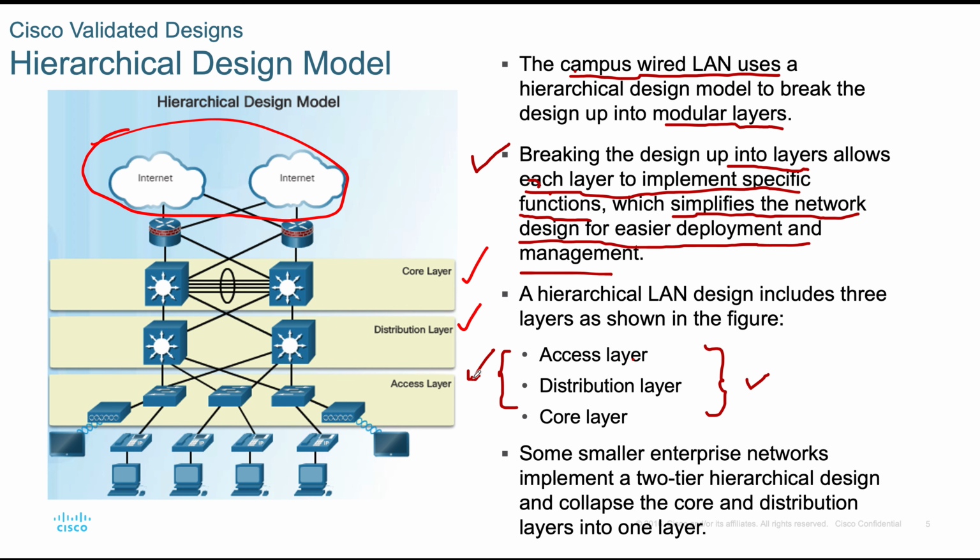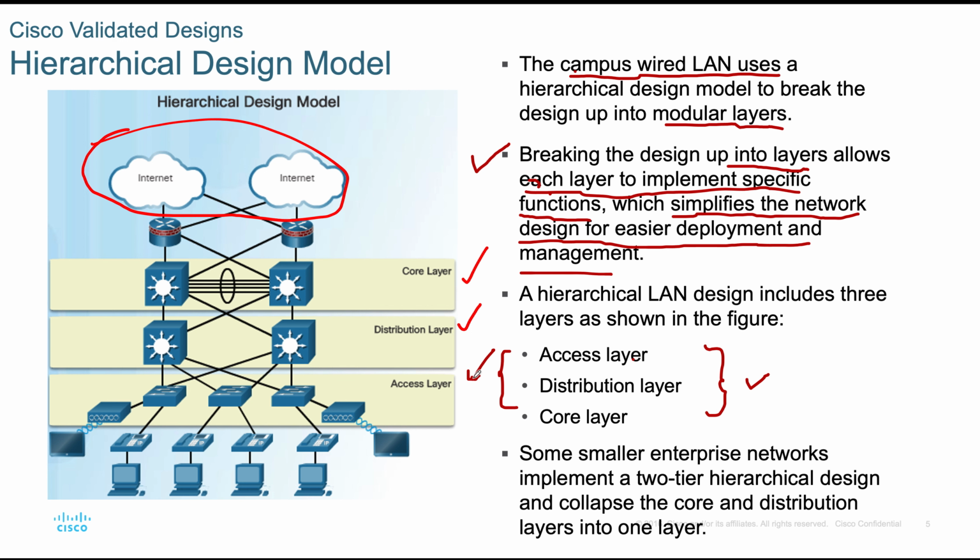Now let's quickly take a look at breaking the design into layers. We've talked about that. In order to have a very robust design, we must break the design into layers: the core layer, the distribution layer, and the access layer. So if you're designing a network as a network administrator or a network engineer, you must first of all calculate and estimate this breakup of the layers of this network: the core layer, the distribution layer, and the access layer.